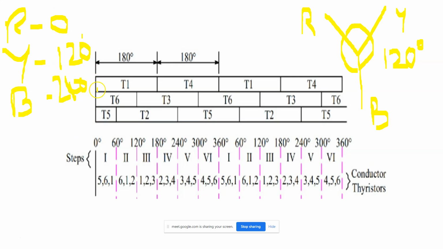So the thyristor of the first phase starts at 0, the thyristor of the second phase starts at 120 degrees, and in the third phase the thyristor starts at 240 degrees.